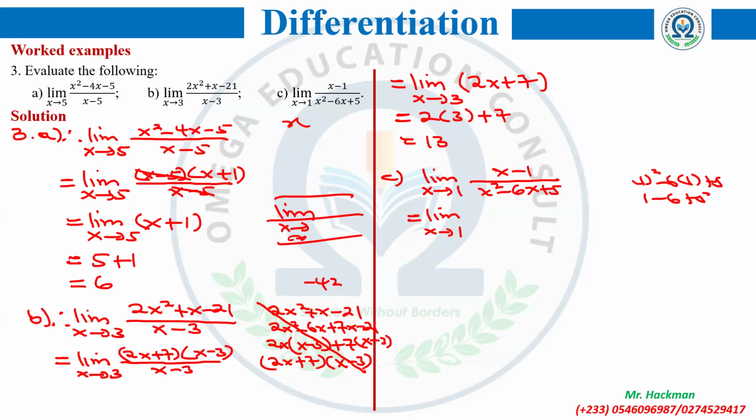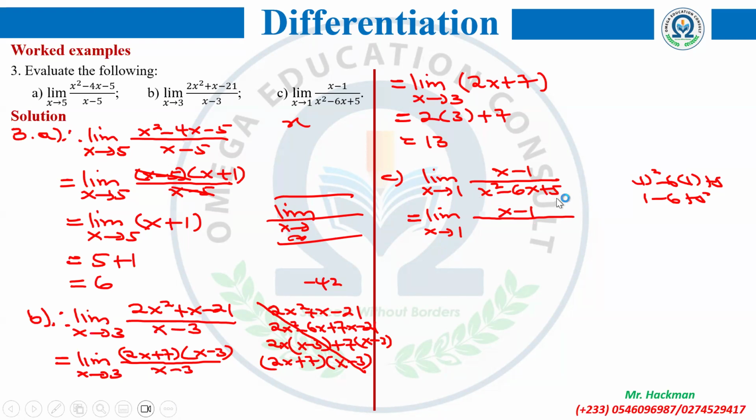So once direct substitution is not allowed, it means we need to manipulate this to allow direct substitution. So you write the limit as x approaches 1. The manipulation that we know is factorization. The numerator is not factorable, so I'll write x minus 1. The denominator could possibly be factorable because it's quadratic. Now, I thank God my leading coefficient is 1.